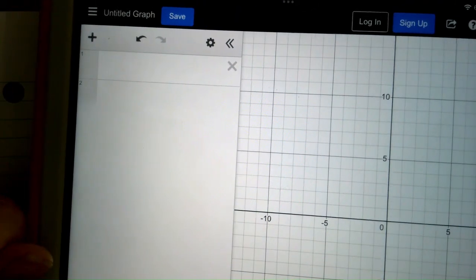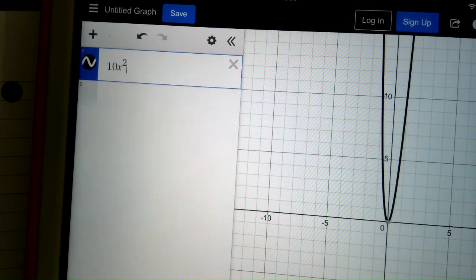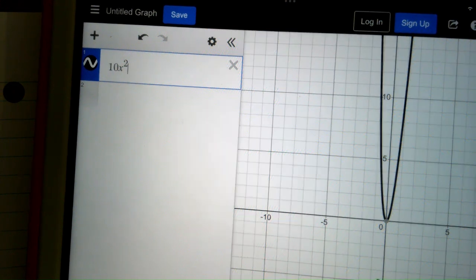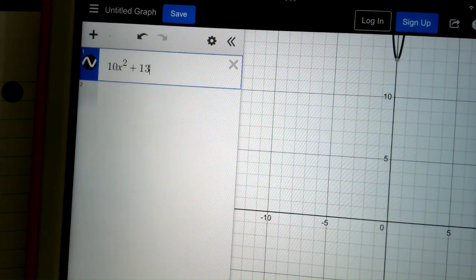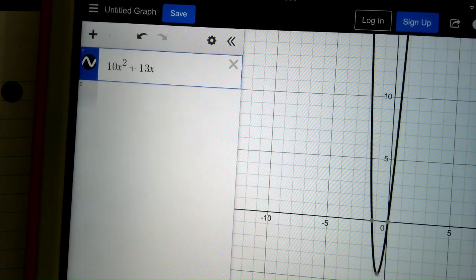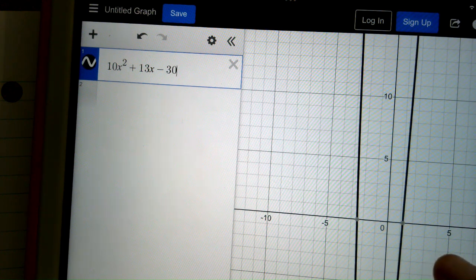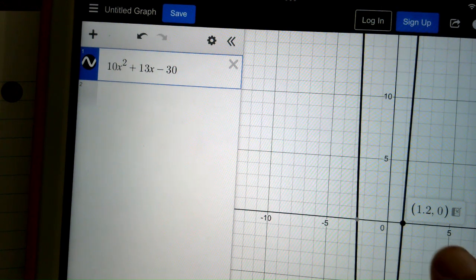Okay, 10x squared plus 13x minus 30. Let's go ahead and make sure that it is not a prime polynomial. Okay, it does have x-intercepts. That one happens to be a simple.